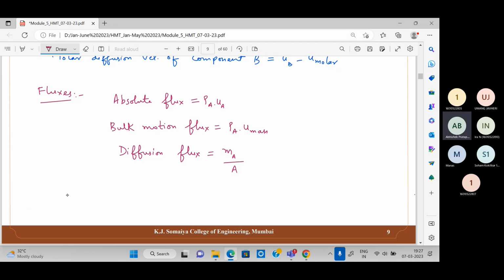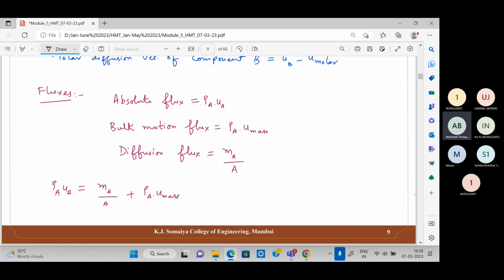So we can say this absolute flux is equal to diffusion flux plus bulk motion flux. Fine.